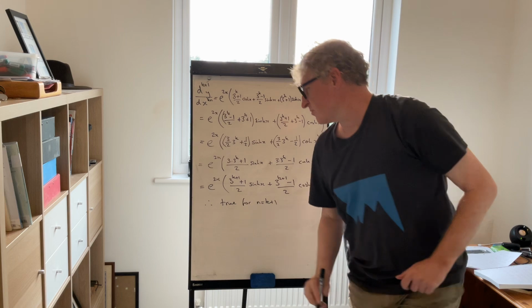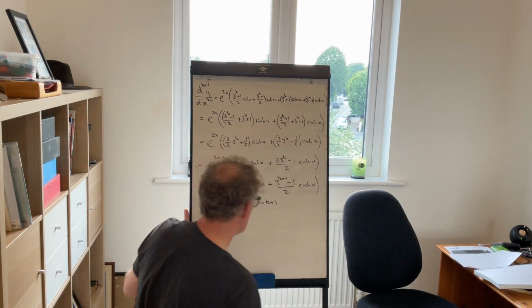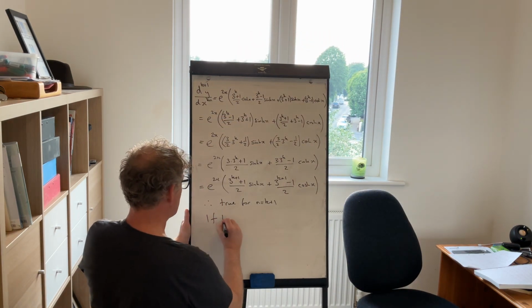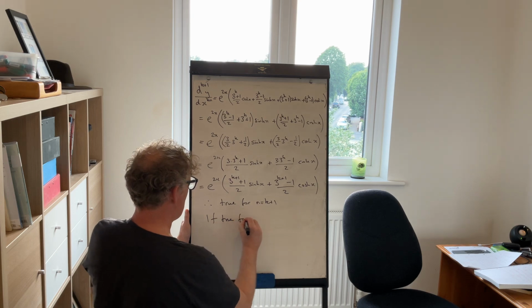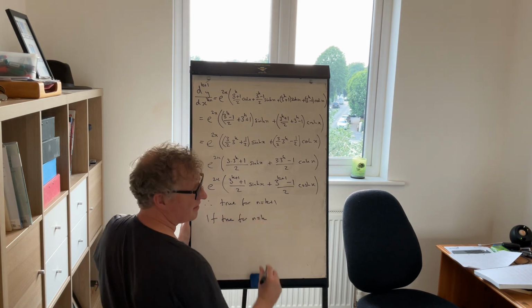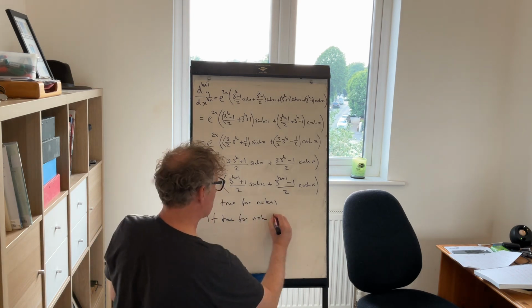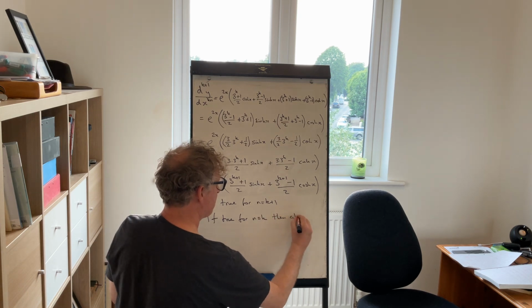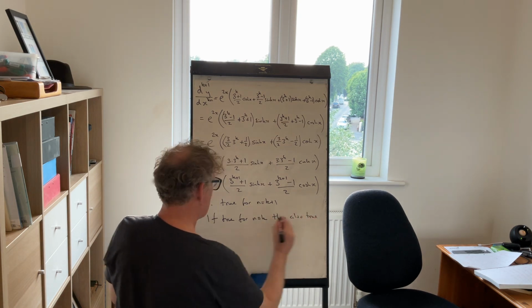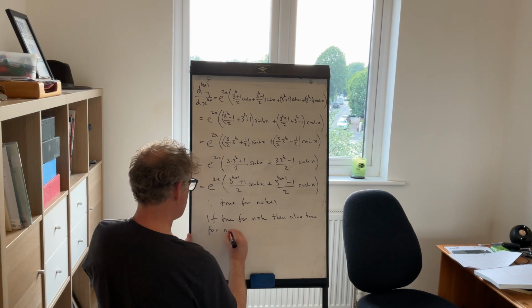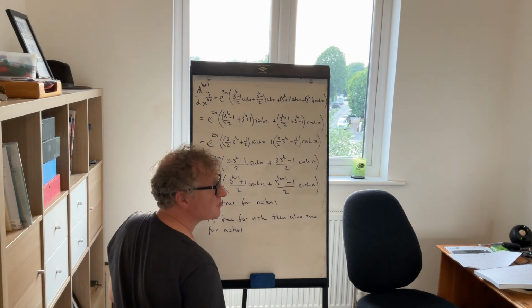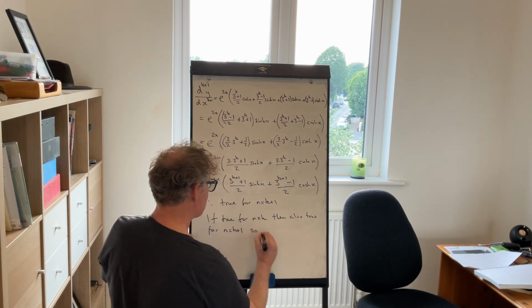If true for n equals k, let's see what they say. So they go, if true for n equals k, then also true for n equals k plus 1, which is what we've just basically done there. So the result is true for all positive integers.